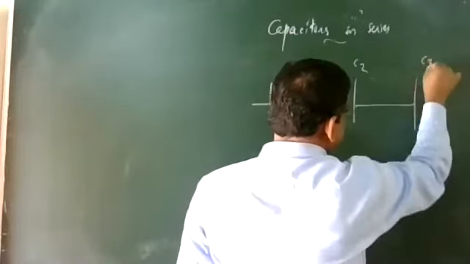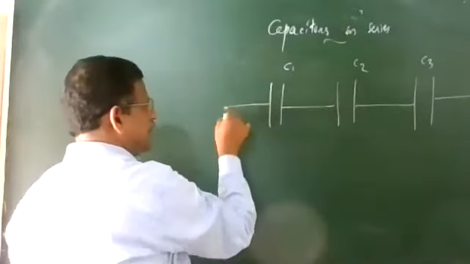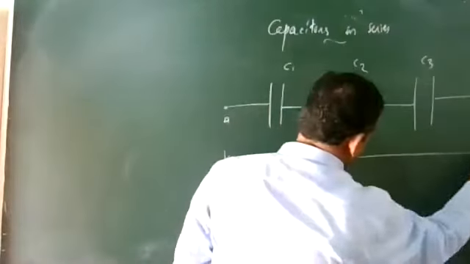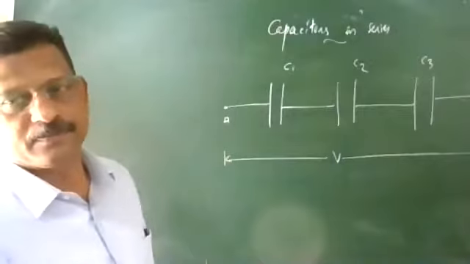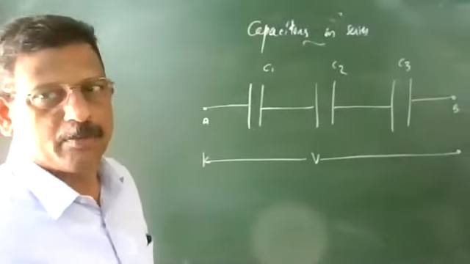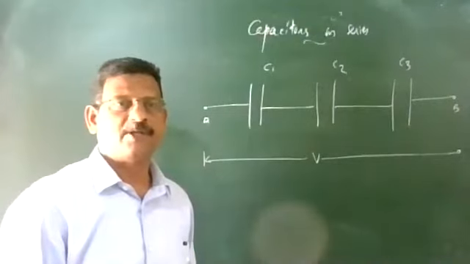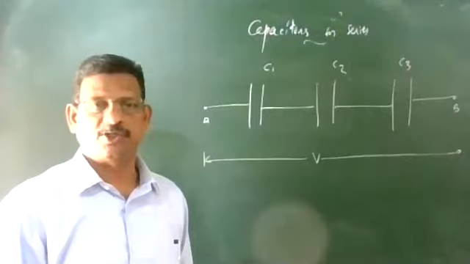These are the capacitors connected in series between the two points A and B, across which we are applying a potential difference V. C1, C2, C3 are the capacitors.